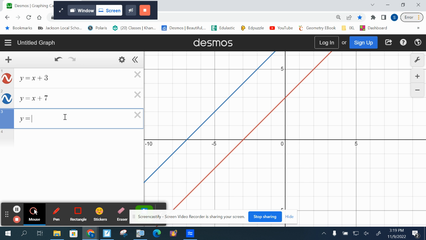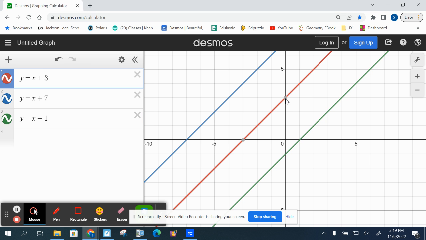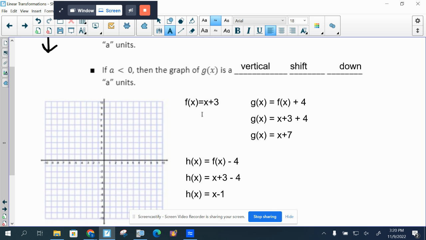Y equals x minus 1. So now I see that the red line is shifted down 4 units, every coordinate. So it's not stretching or compressing anymore like the previous lesson. It is now just being shifted down 4 units. So whenever the number is outside of the parentheses for your function rule, you consider a vertical shift either up or down.